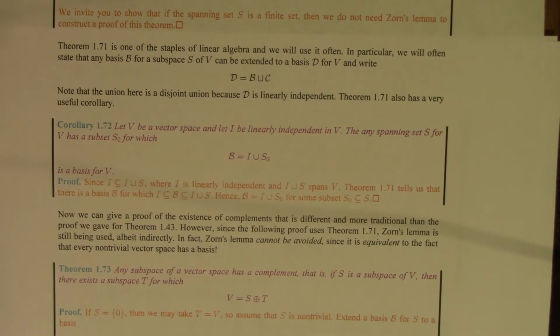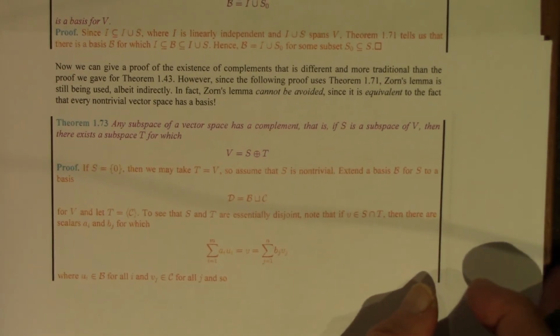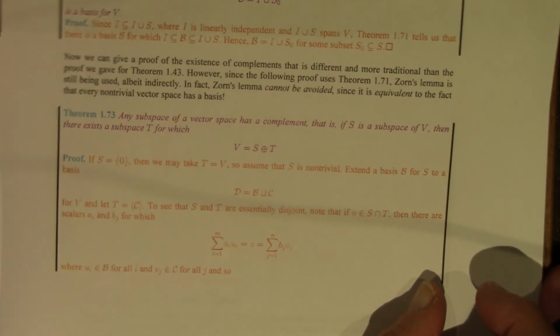The proof I'm about to give you does not use Zorn's lemma directly, but keep in mind that the fact that every non-trivial vector space has a basis requires Zorn's lemma. In fact, it's equivalent to Zorn's lemma. So we're not getting away without using Zorn's lemma. We're just shifting it to the earlier theorem. So this proof won't mention Zorn's lemma, but in fact, behind the scenes, Zorn's lemma is required.